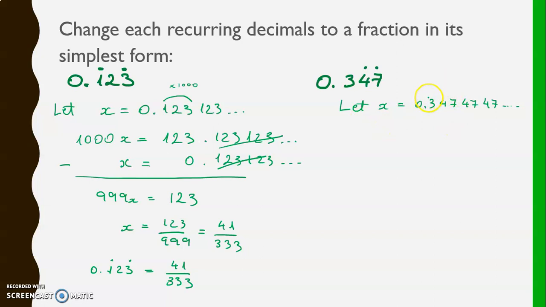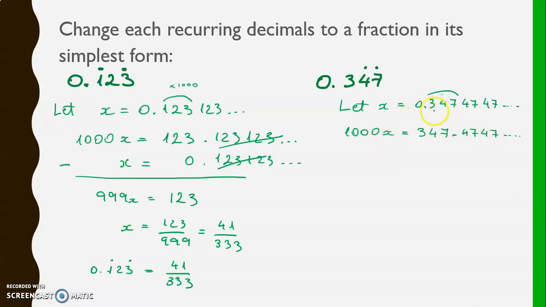We want to bring this group of recurring decimals in front of the decimal point, so we will have to multiply by 1000 again. 1000x equals 347.4747. As you can see now, after the decimal point, we just have the group of repeated digits, 4747.